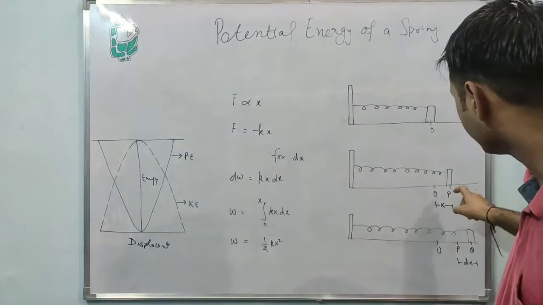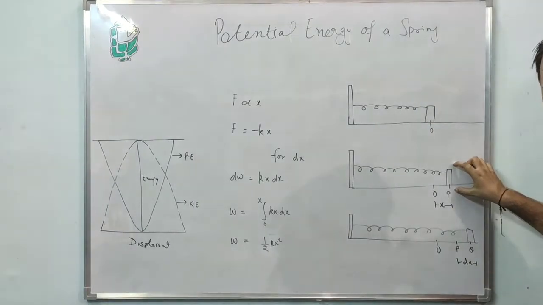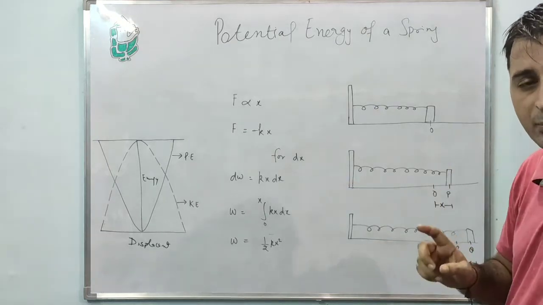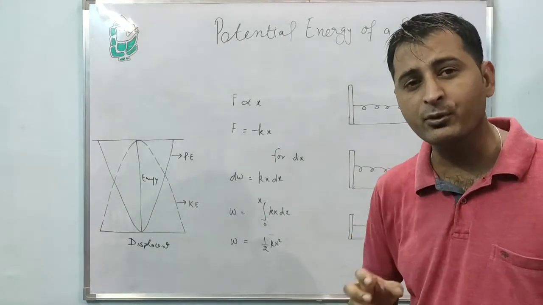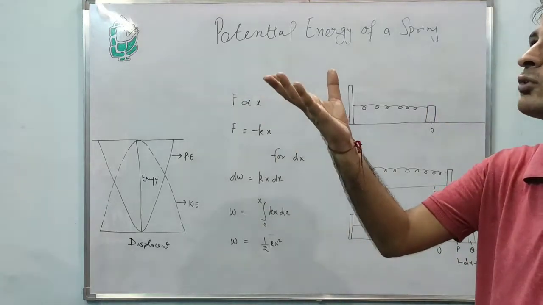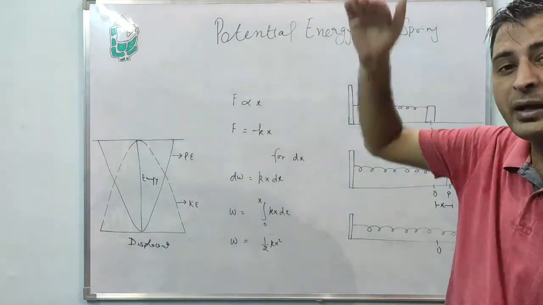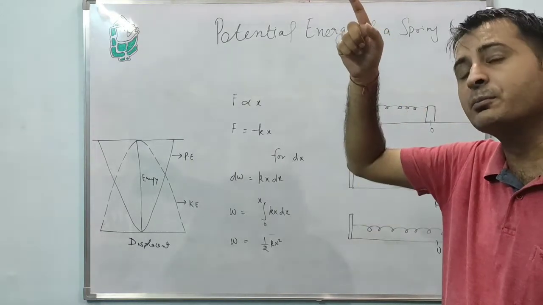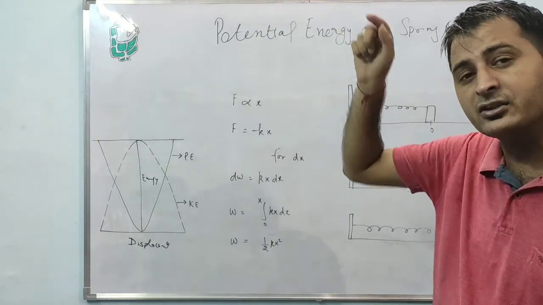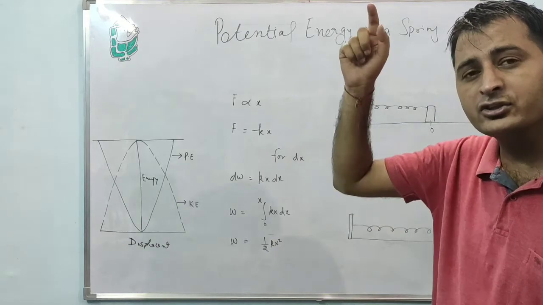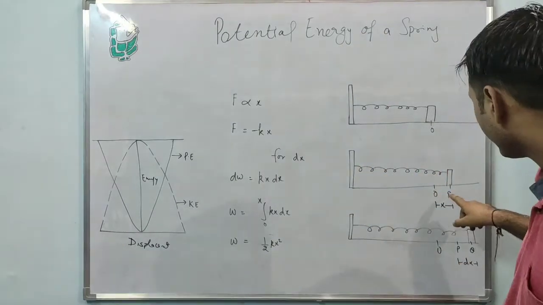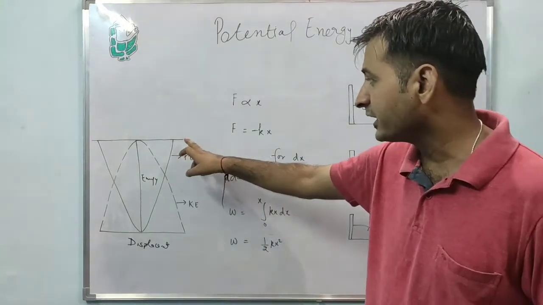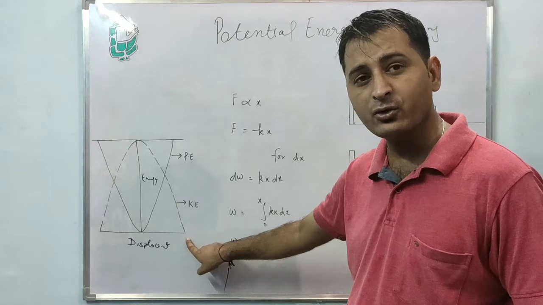As you leave the body from here, it returns back to its mean position. If a body is returning back from any point, like if you throw a ball upward, it returns only when the kinetic energy of that particle is zero. So at point P there is maximum potential energy and the kinetic energy at that point is zero.